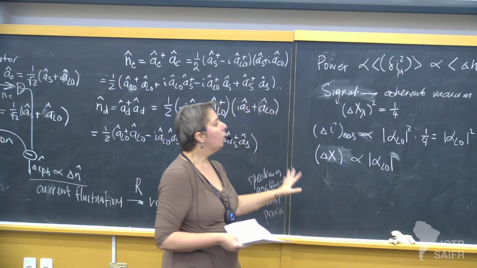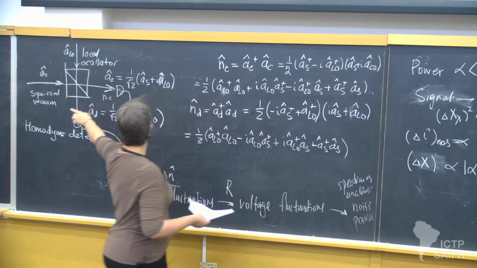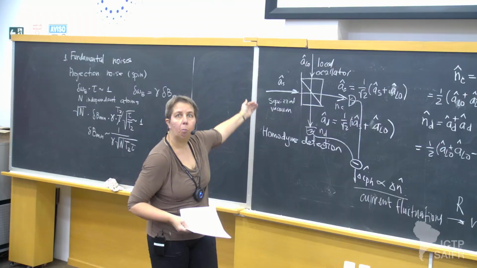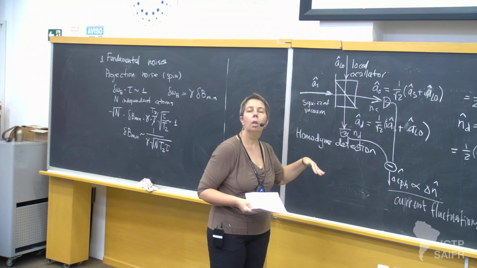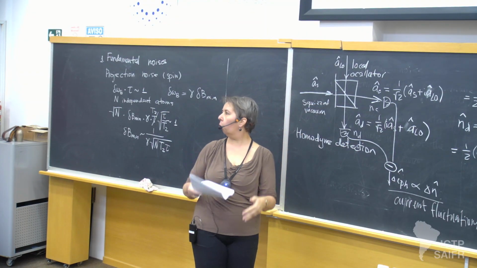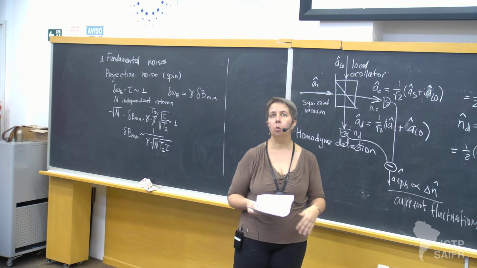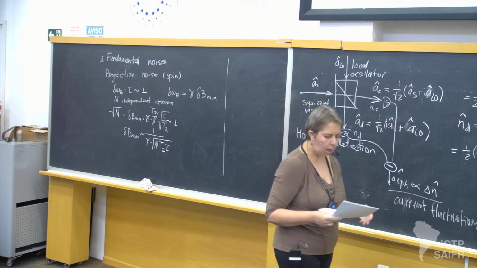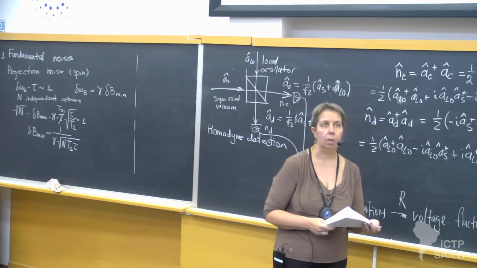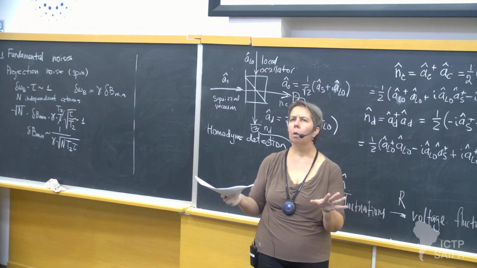And therefore, you will want to provide the squeezed vacuum on the other port of your beam splitter to potentially reduce the noise on your measurements. And this is exactly how it's used, for example, for LIGO or for other quantum-enhanced experiments where the squeezing is done. Okay? Make sense? Questions?